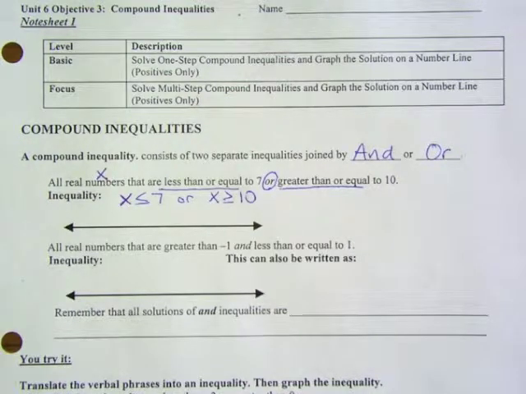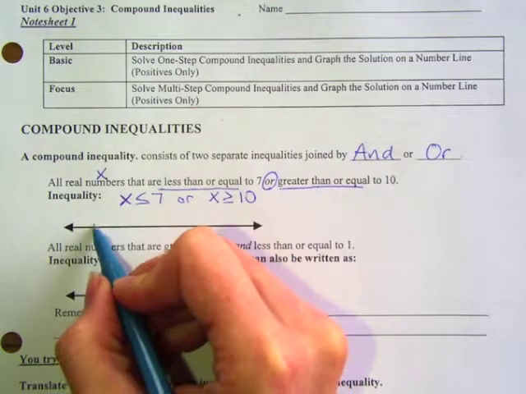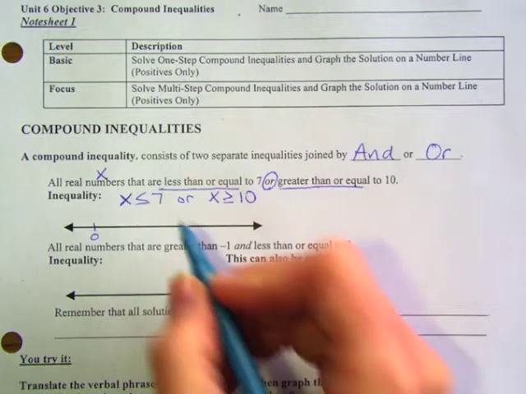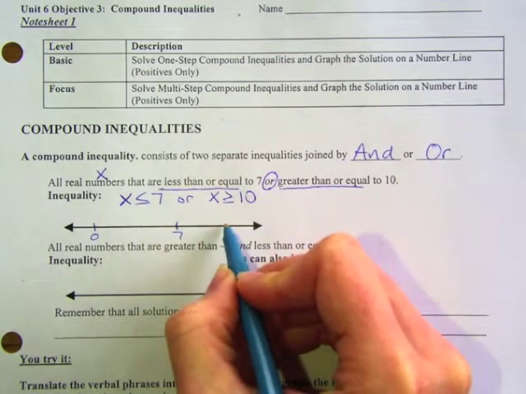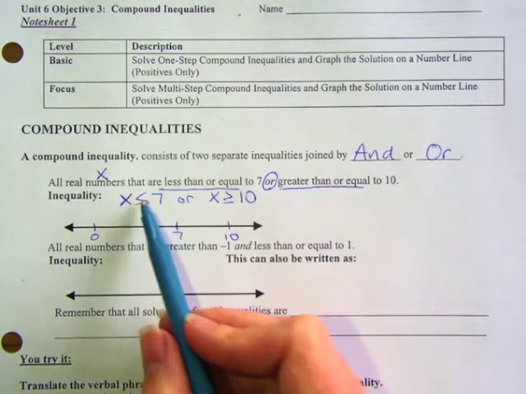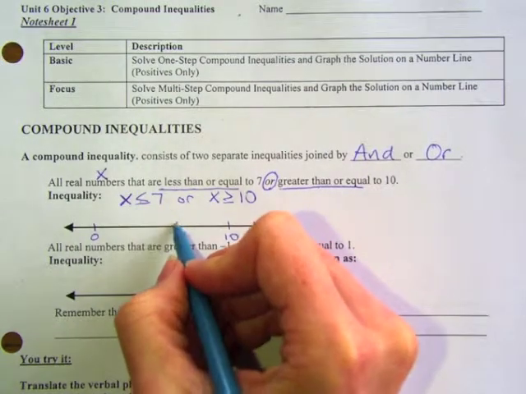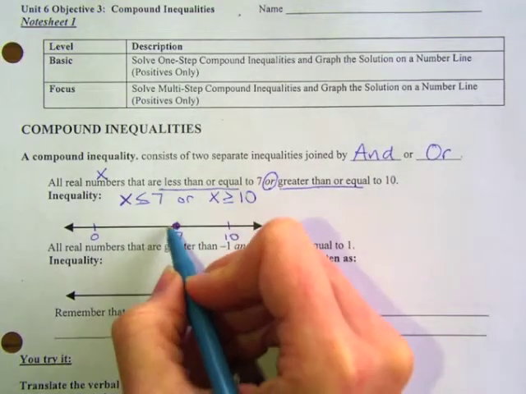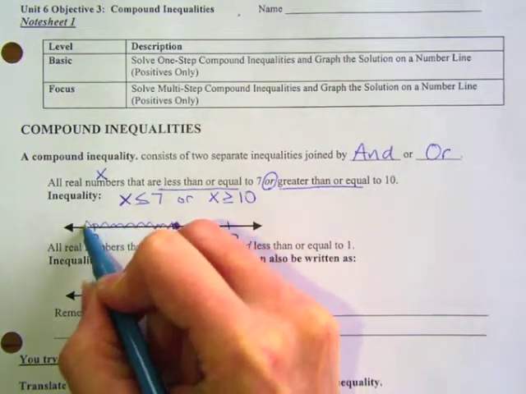Okay, now what we want to do besides write that is we want to actually draw the graph. Remember what I'm asking for is a relative value with 0 included. So here's our 0 to the left. We've got a 7 and a 10 as our key values. Then drawing our graphs, we have less than or equal to 7, so we're going to put a closed circle at 7. Less than has a shading to the left.